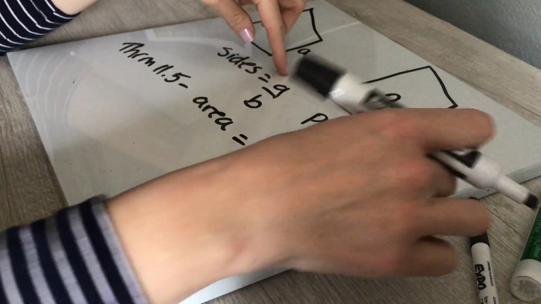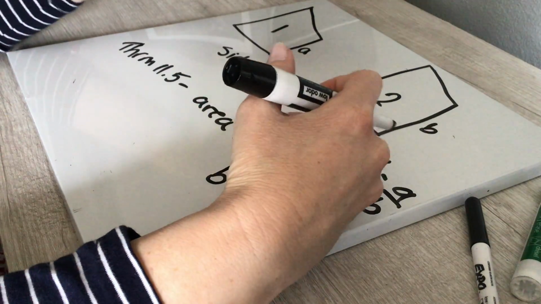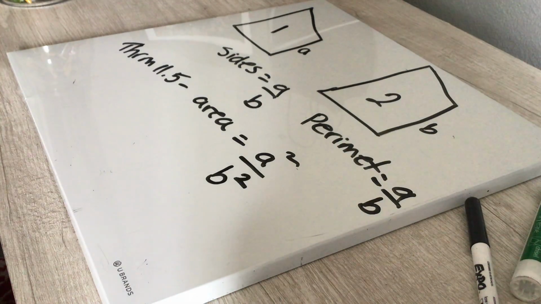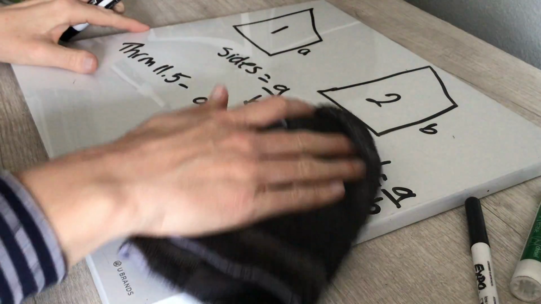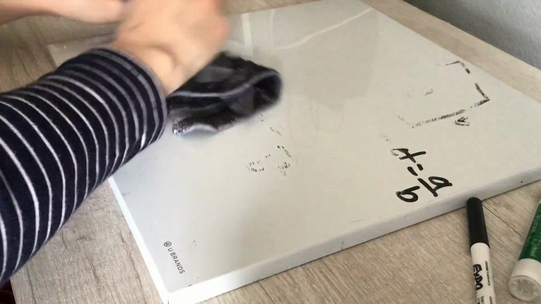For perimeter, you add everything up, so it comes down to the same ratio. For area, it's the same ratio squared: A over B squared, which is A squared over B squared.